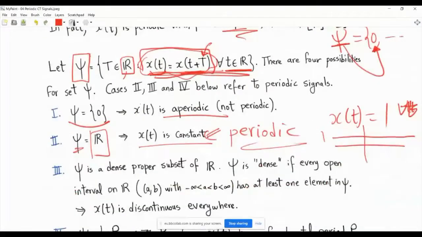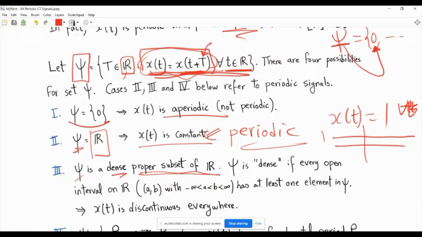The third possibility is not intuitive. I will comment on it later. You can get as psi a dense proper subset of R. A proper subset of R means something that is less than R, so not all elements of the set R, only some of them.